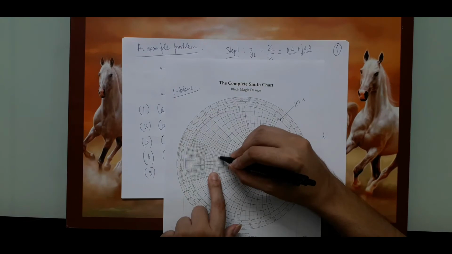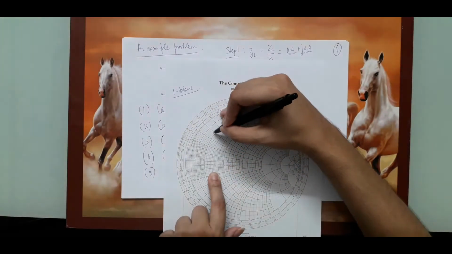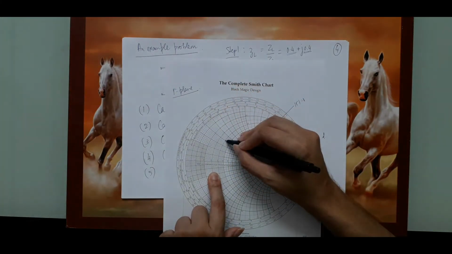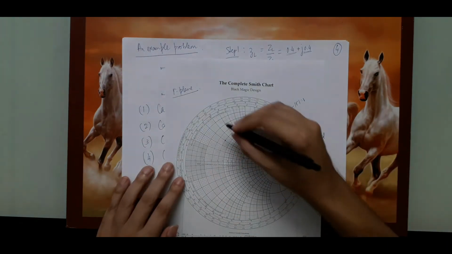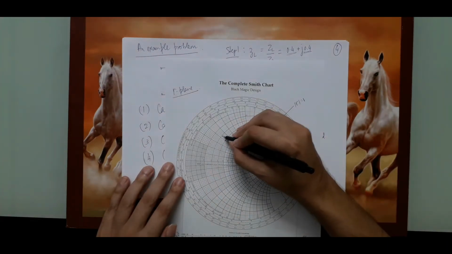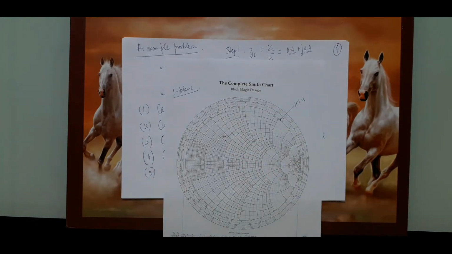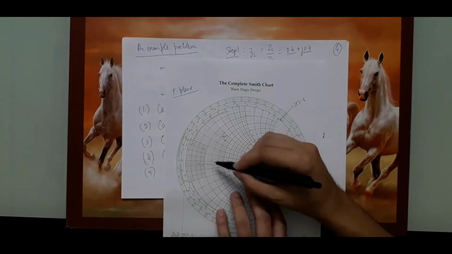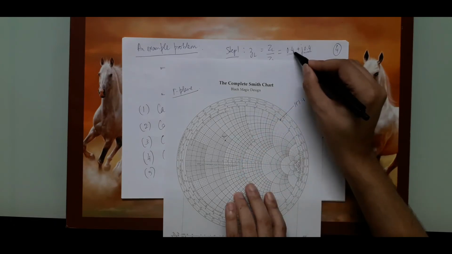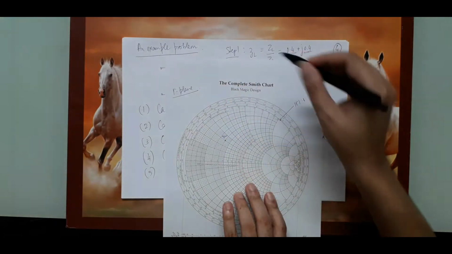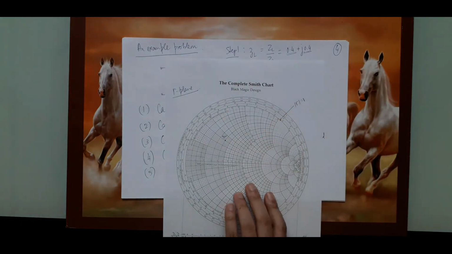So 0.4 R meets 0.4 X at this point. Therefore, we are going to mark over here small zL. Is that clear? Simple intersection of 0.4 on the real and 0.4 on the j circle.